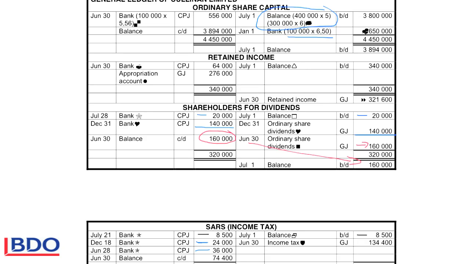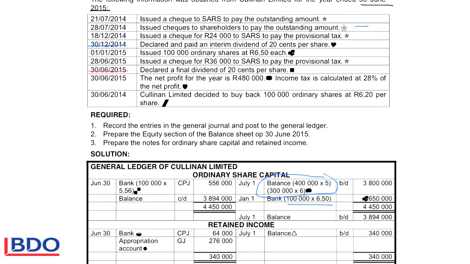134,400. Now, if I add up the SARS account, I see that the credit side is 142,900. The debit side is smaller than the credit side. So if we subtract them from each other, we see that there's a balancing figure of 74,400. That will be brought down to the next financial year.